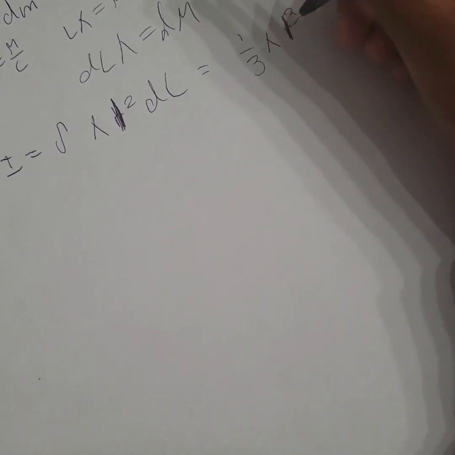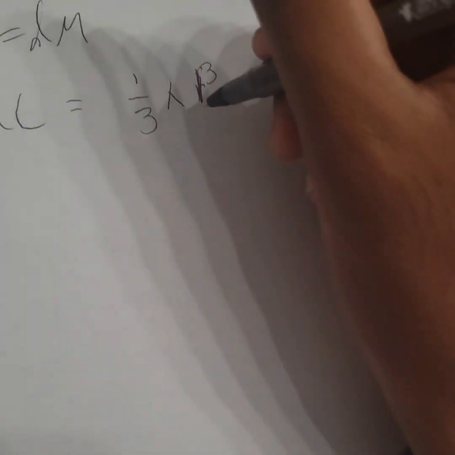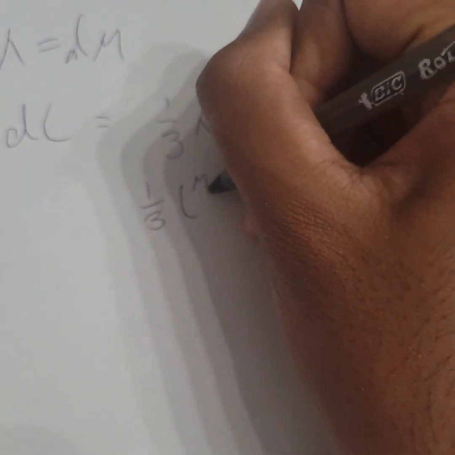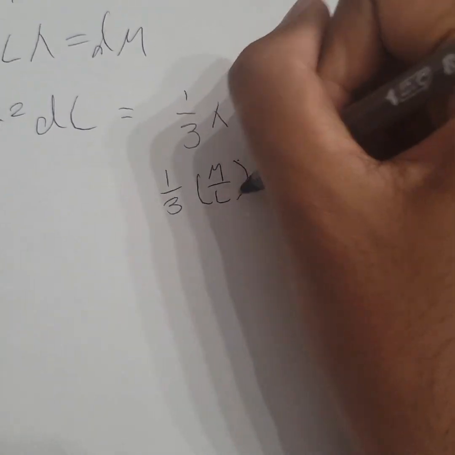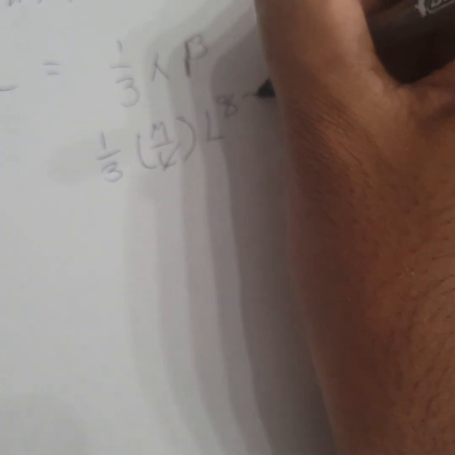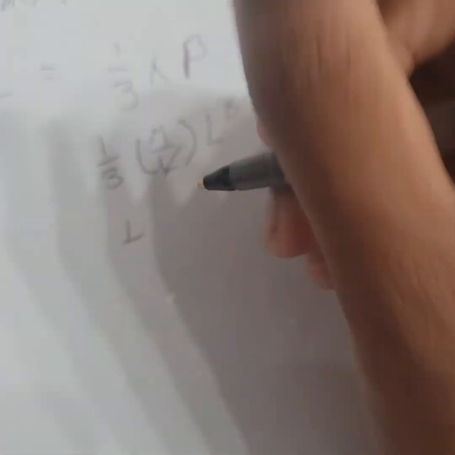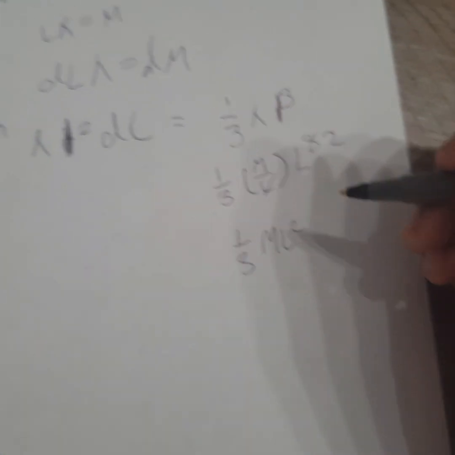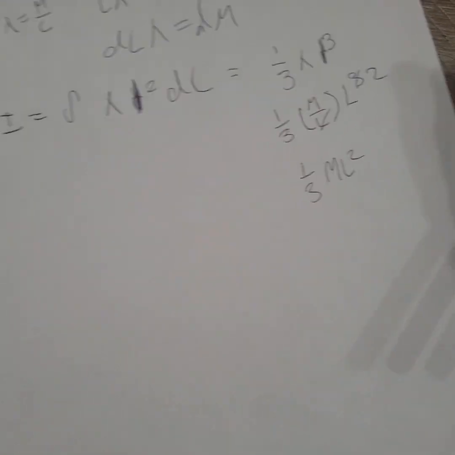So then when you plug back in lambda with what we have up here, m over L, you'll find that you get 1/3 m over L times L cubed, and these would cancel out to L squared, and you would get 1/3 mL squared, which is the answer it wanted us to find.